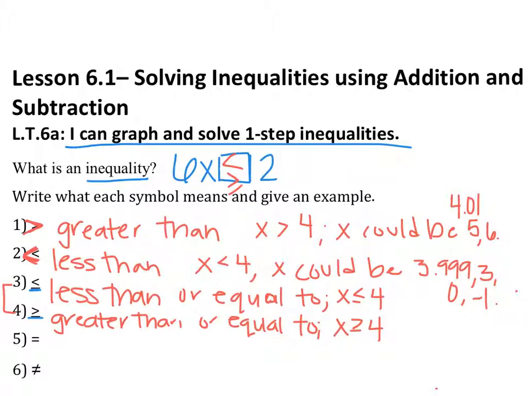Number 5, this is your equal to. And then number 6 is not equal to. So for example, if you ended up with 5 equaling 6, well that's not true, so we put a slash through the equal sign, so it would be not equal to.